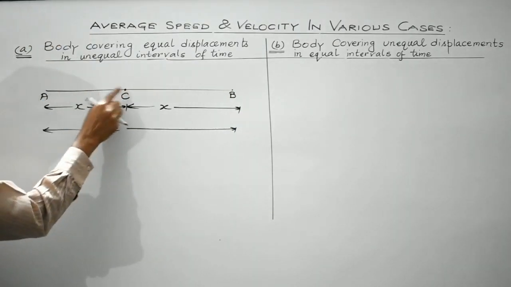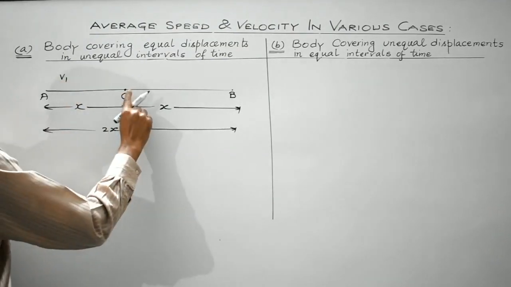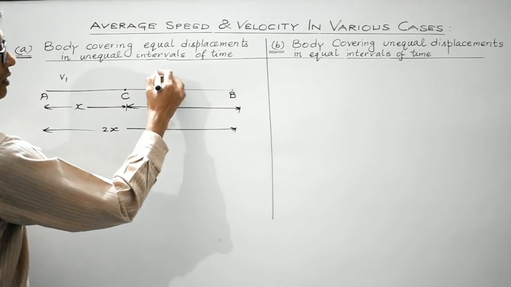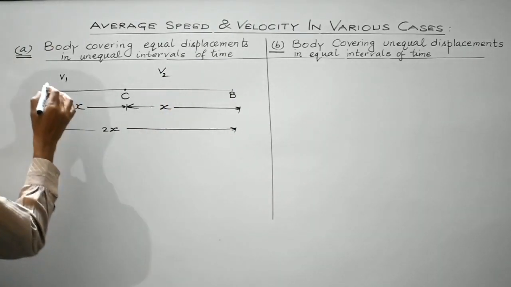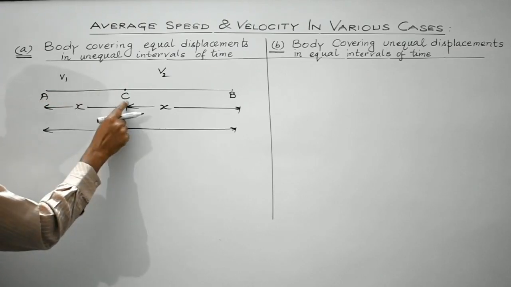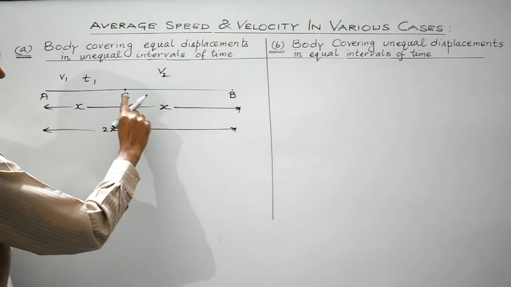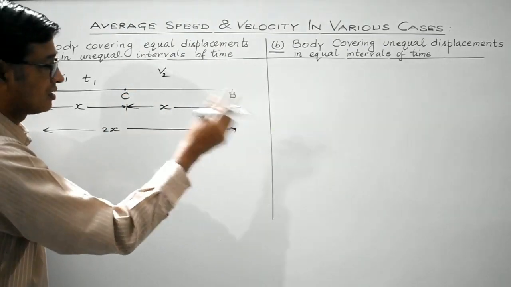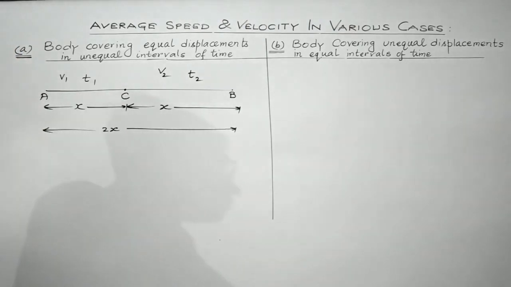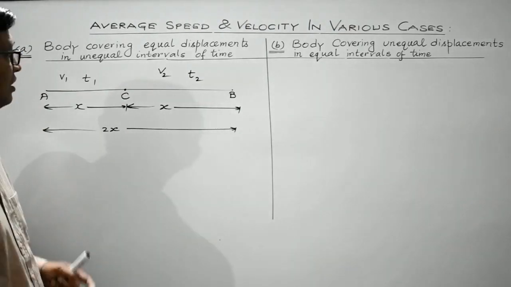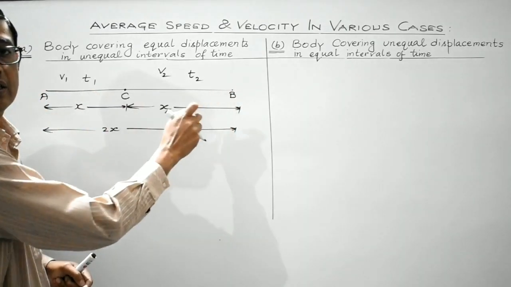Suppose the body covers the first part, AC, with speed v1, and the same body covers CB with speed v2. In covering the distance from A to C, suppose it takes time t1, and in covering the equal distance C to B, it takes time t2. So the time intervals in covering these equal displacements are different.